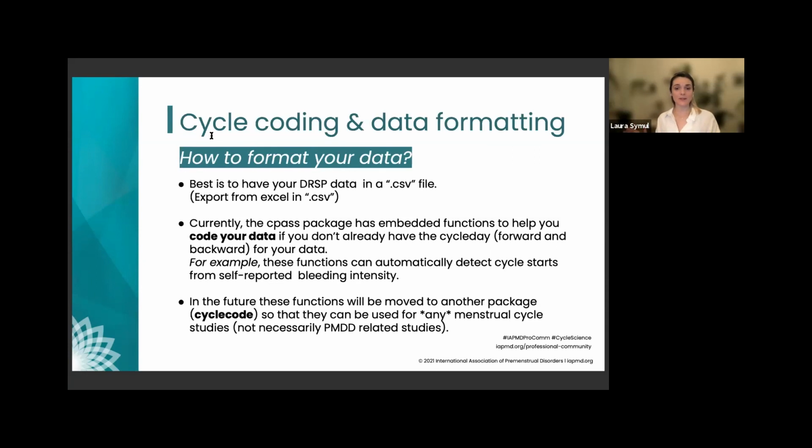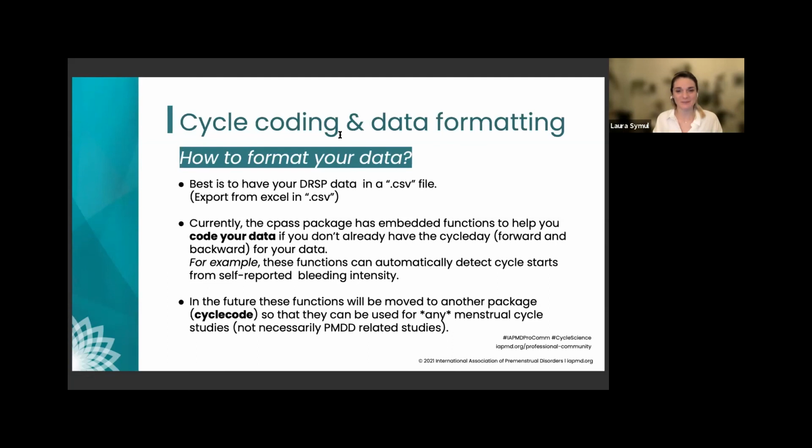Then the CPASS could be used for PMDD, PME, MRMD. But if you don't need diagnosis, and all you need is person change, or any other kind of analysis, then at least the cycle coding is standardized and can be shared among scientists. I hope that answers it. If not, feel free to ask again or ask for clarifications later.